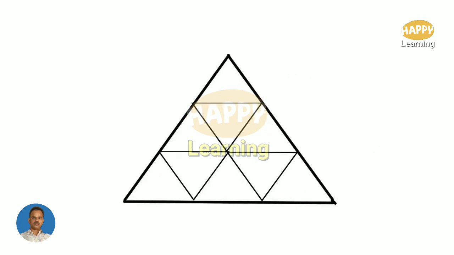Yes. Next model. Here we have got many triangles in this diagram. So let me give numbers. This is 1, 2, 3, 4, 5, 6, 7, 8, 9. So 9 triangles we are able to see here directly, small in size. In addition to these 9 triangles, we have a few other triangles. Let me show you. So this is one triangle.